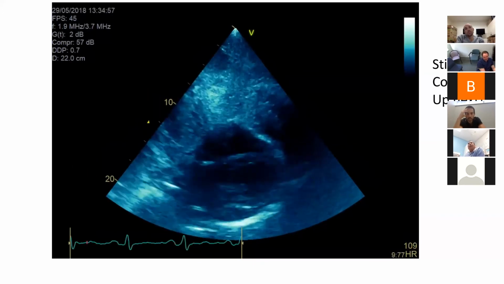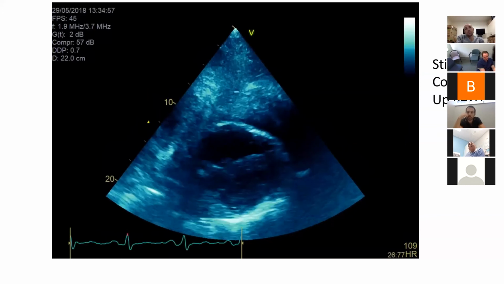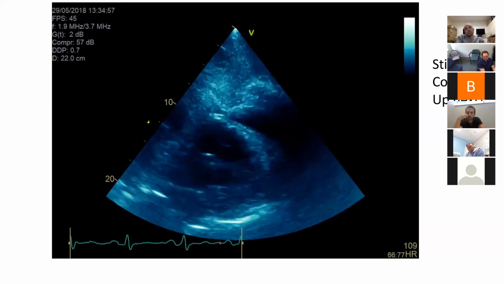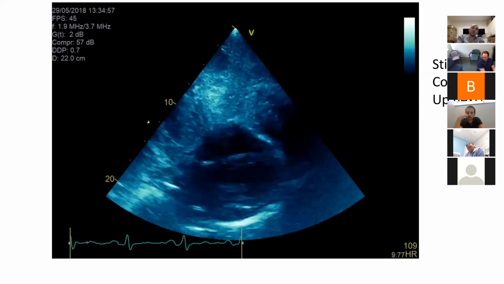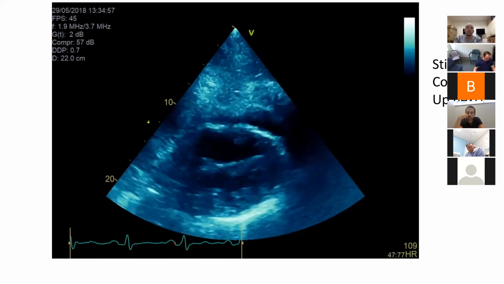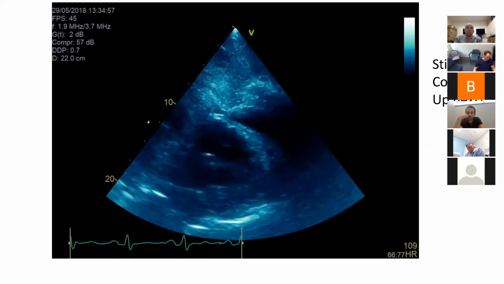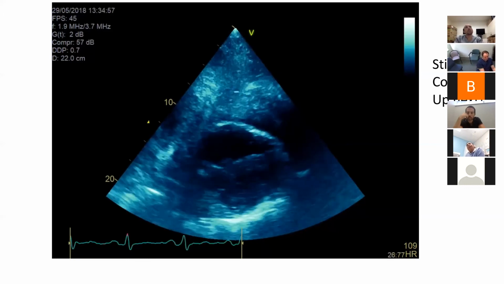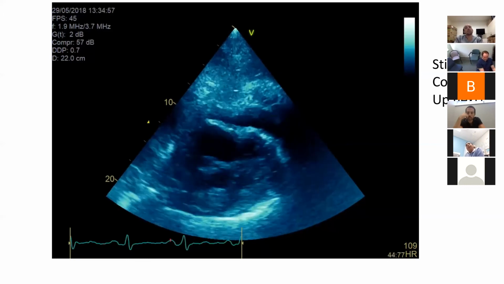But I guess the big thing is that it's a great example of how Doppler can be useful to try and differentiate it. If you've got something compressing the RA, would you expect the respiratory variation to be as significant? I think the question is what do you do here? Do you drain this effusion or not?